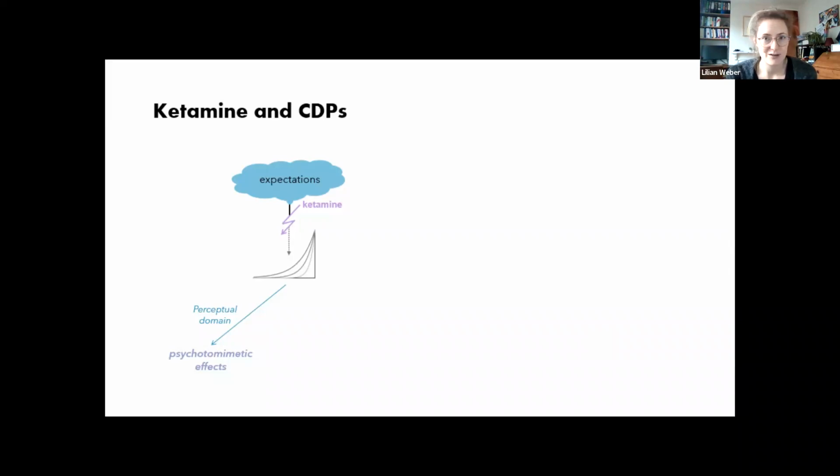And might that be an explanation for its psychotomimetic effects when we look at this in the perceptual domain? But then if we extend our continuous decision paradigms into other domains, can we maybe explain some of the other effects that ketamine has? For example, you could imagine that if ketamine decouples the processing of mood-relevant information, such as rewards or emotions, from higher level, maybe pessimistic expectations, that this might indeed be a good explanation for its very fast antidepressant effects.